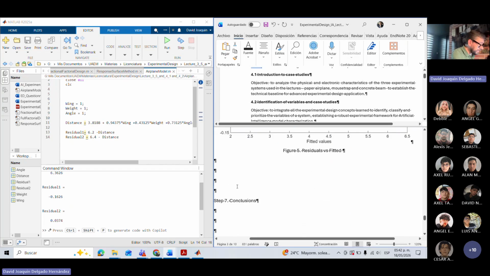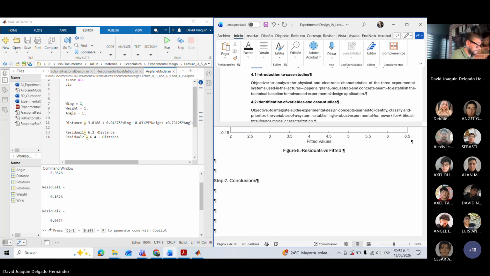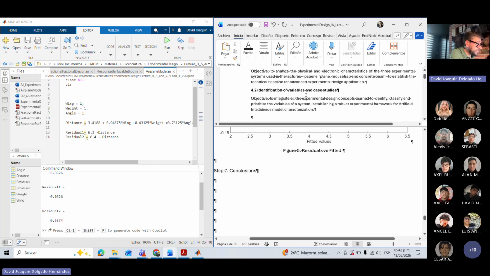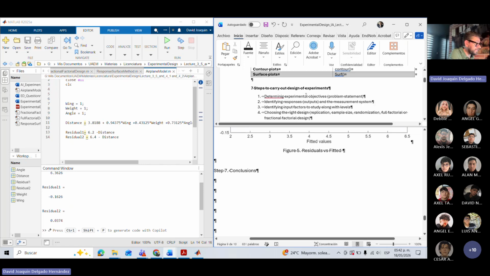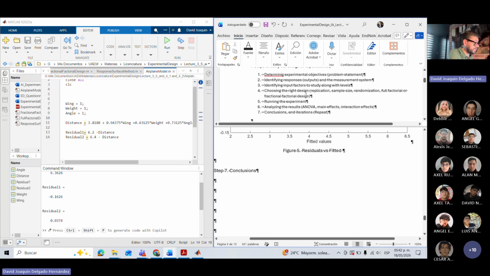So we can now move to step number 7, which is the conclusions. Do you remember step number 7? Here we have the steps. What is the conclusion of this experiment, of the airplane experiment?